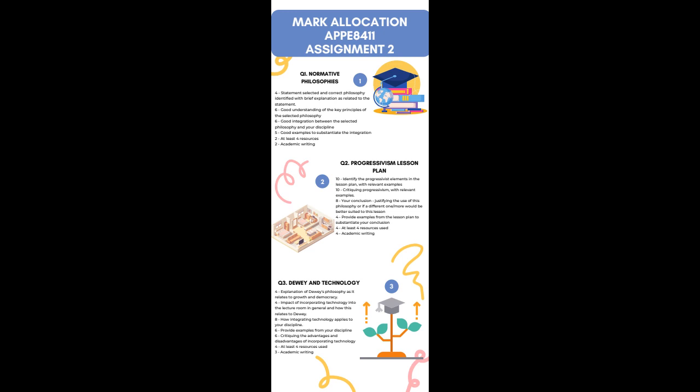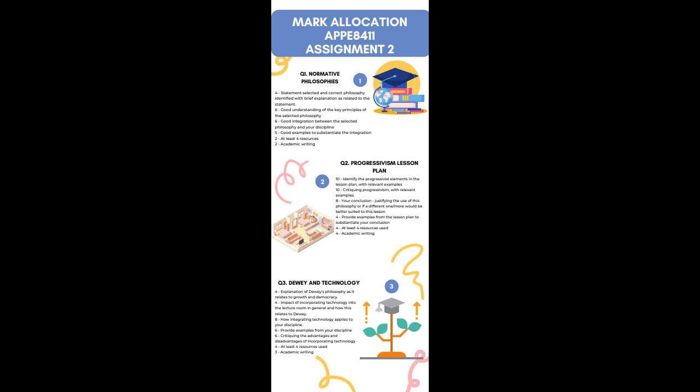So here you don't have to do 10 elements, you can do 5, but then each one you need to refer to something in the lesson plan. So if you say that this lesson plan has the element of critical thinking, that it encourages, and that's an element of progressivism, then you need to tell me where in the lesson plan do you see that.